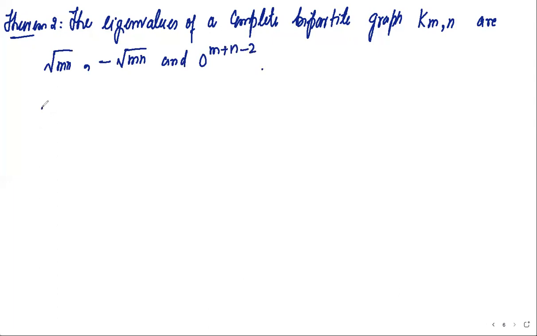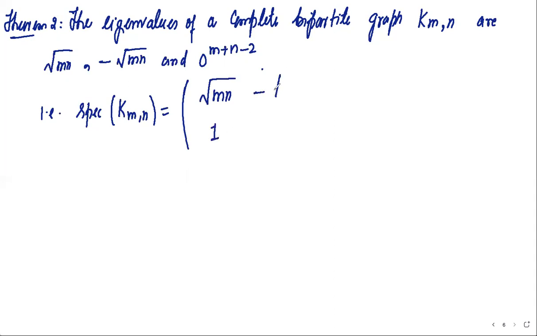So that is the spectrum of Kmn. This is equal to square root of mn, which is 1 times an eigenvalue, minus square root of mn, again 1 times an eigenvalue, and then 0, which is an eigenvalue m plus n minus 2 times.